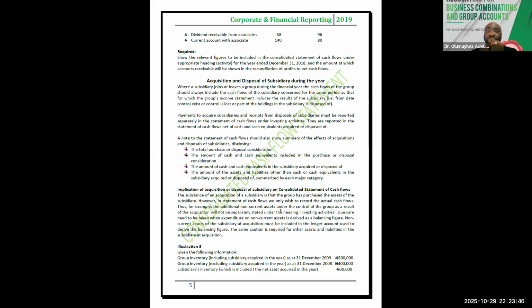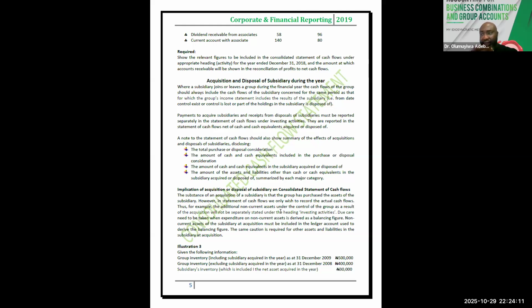Though at this level, within the group account, we never dealt with acquisition or disposal of stake in a subsidiary. It is for the next level at strategic business reporting.